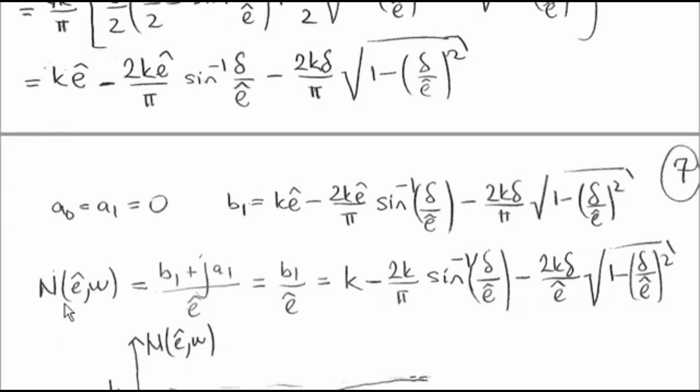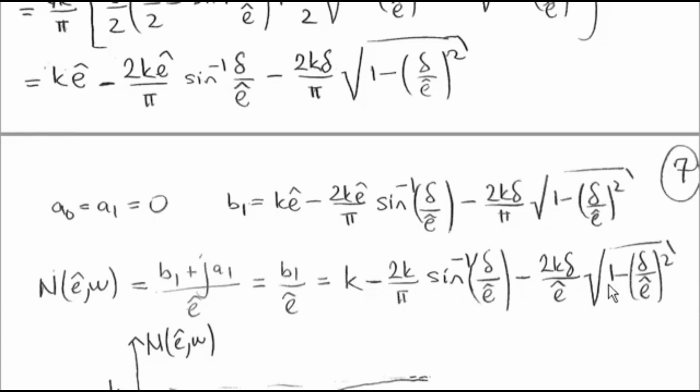Now we can use our describing function formula to calculate our describing function, B1 plus JA1 divided by E hat. Since A1 is equal to 0, this is going to disappear. So I will just have B1 over E hat, which is given by this formula.